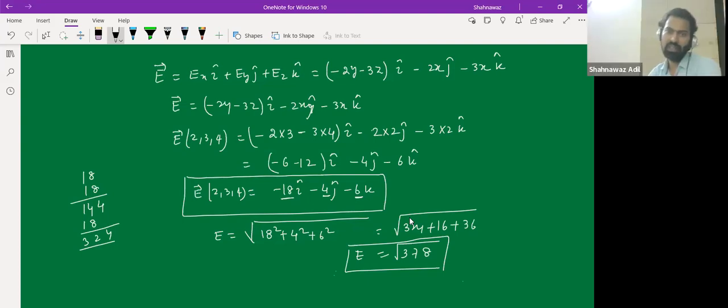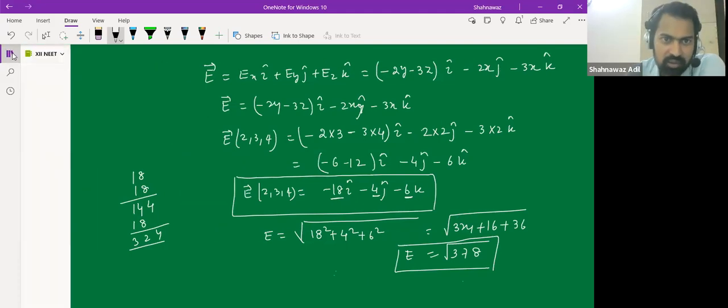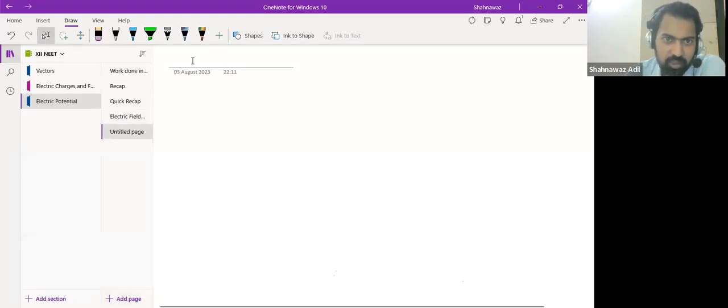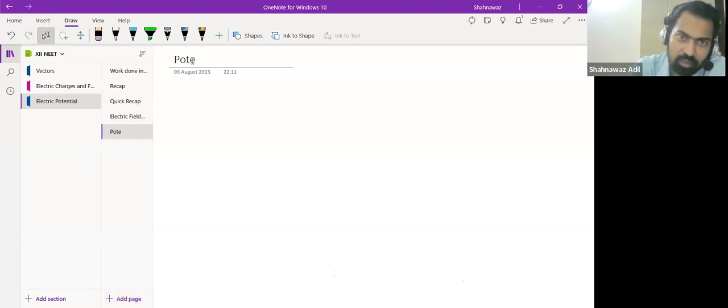Okay, so the next topic is potential. This is completed, and the next topic is potential. In this part, we'll talk about potential energy due to different kinds of distribution.